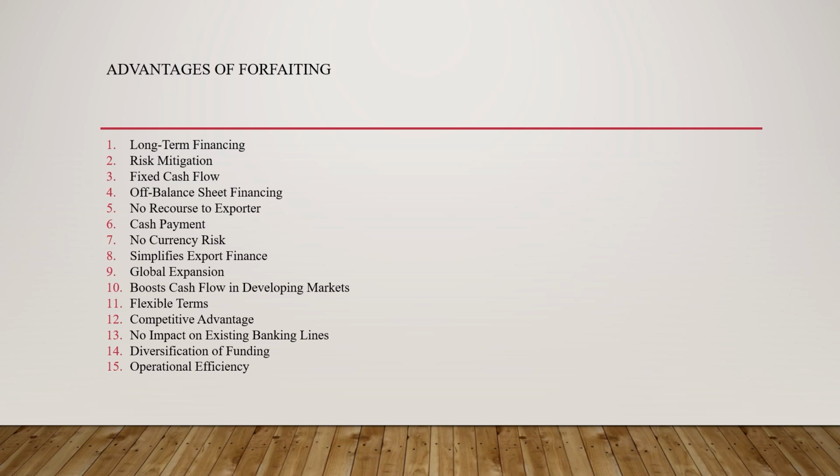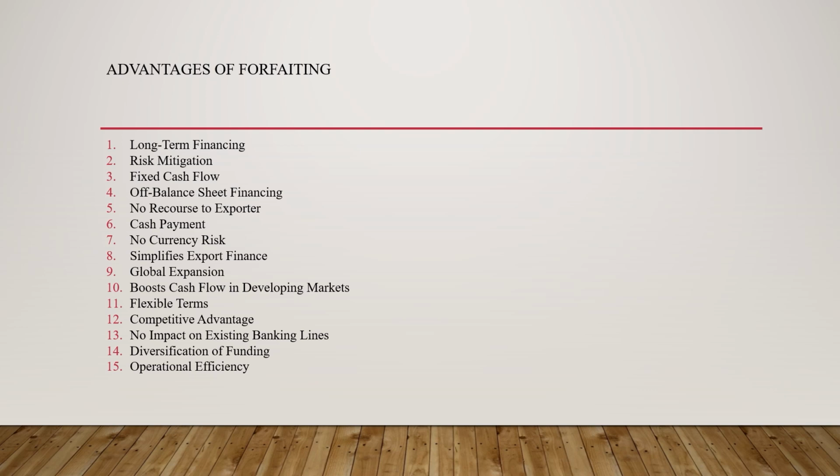In most cases, the forfeiting institutions assume the full credit risk of the transaction. That is, the funding is available on a no recourse basis to the exporters. This means that if the importer defaults, the exporter is not held liable and is still entitled to receive the agreed upon payment by the forfeiting institution.